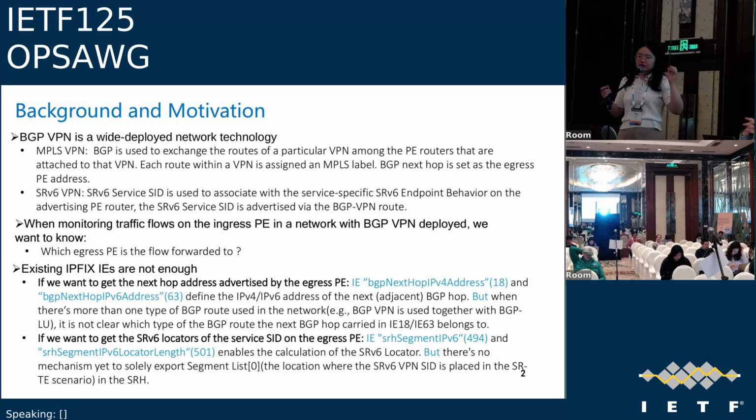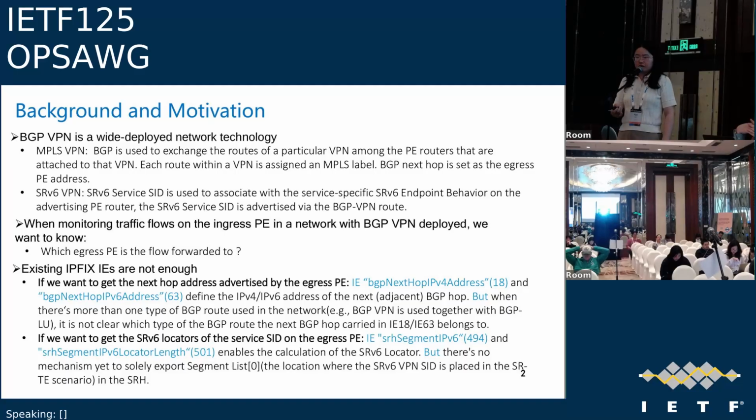We checked the existing information elements and think that they might not be enough. If you want to get the next hop address advertised by the egress PE in the BGP VPN route, the existing information elements, which are BGP next hop IPv4 address and IPv6 address, define the IP address of the next adjacent BGP next hop.